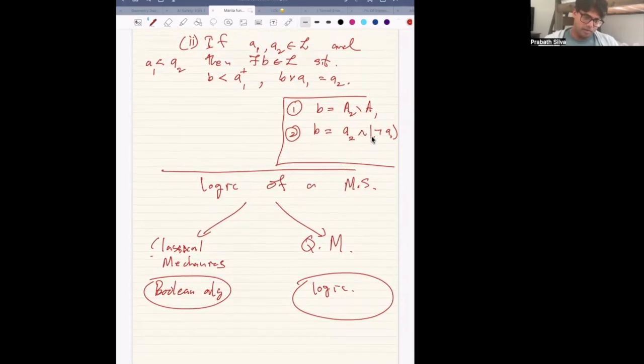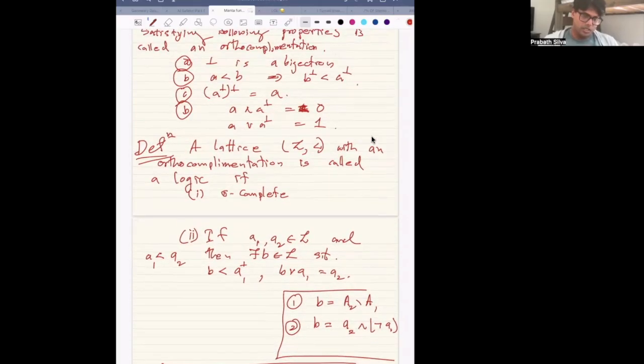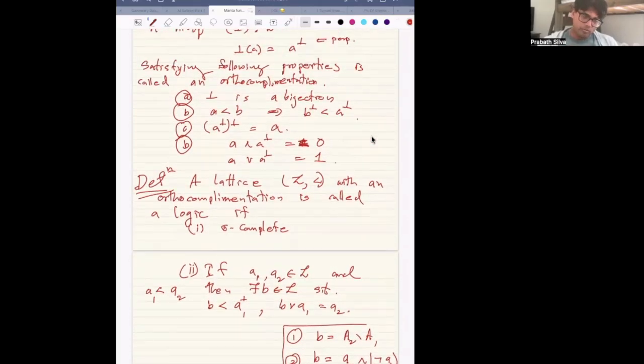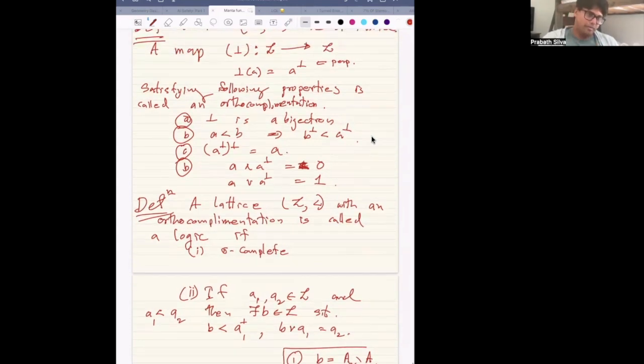The main example of a logic is, in a Hilbert space, the lattice of closed subspaces. We need the closedness because when you define the orthocomplement, that's always going to be a closed subspace. And if we apply this twice, you land in the closure of A. So we'll go through all that.